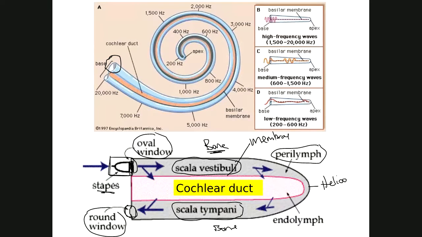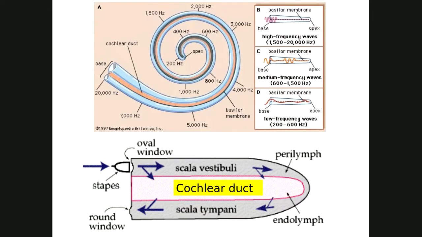But if we look inside the membrane, there's a third chamber in here, and this is called the cochlear duct. So this whole thing is the cochlear duct right here. And it has endolymph in it.